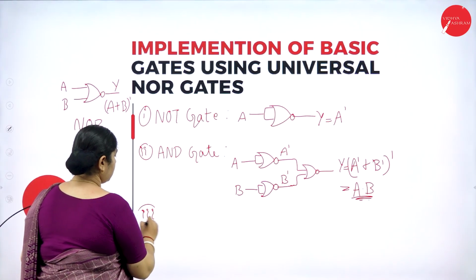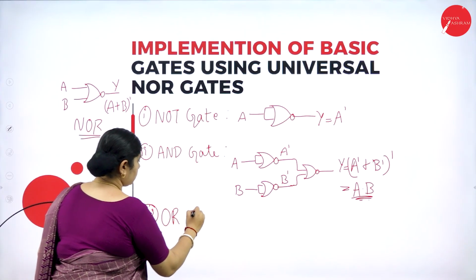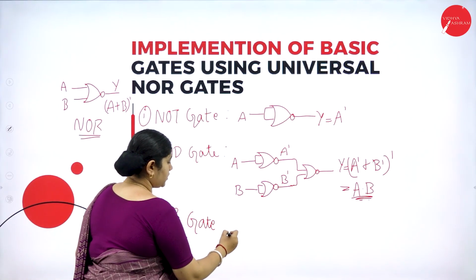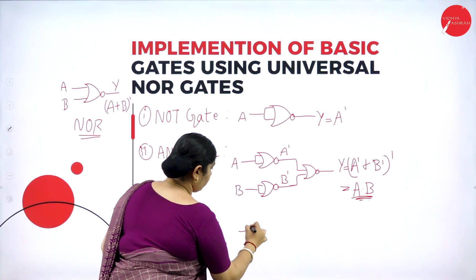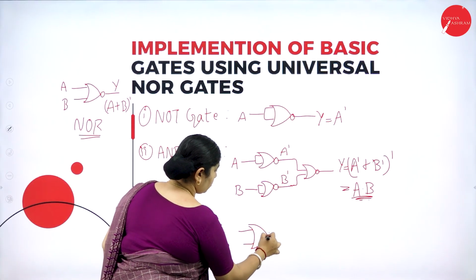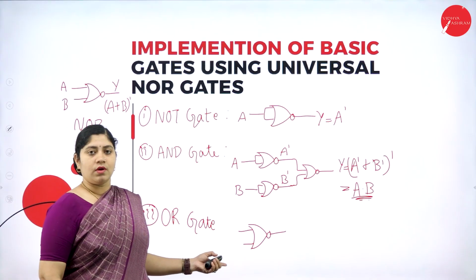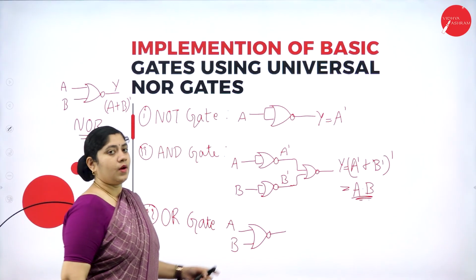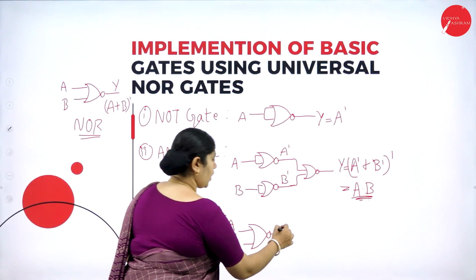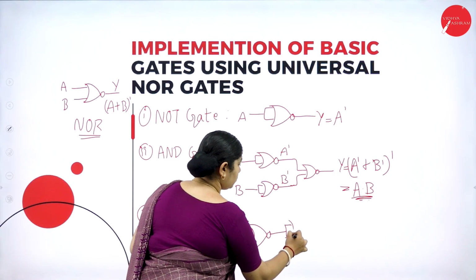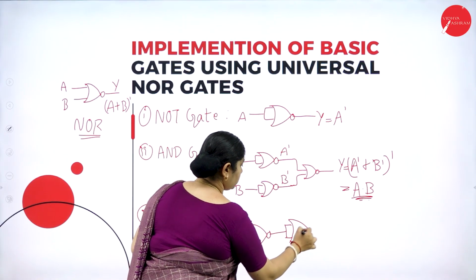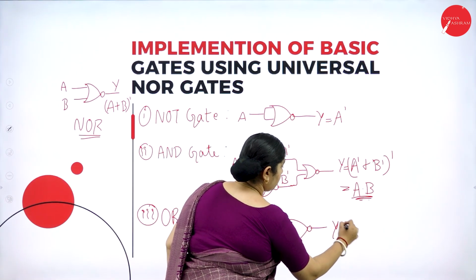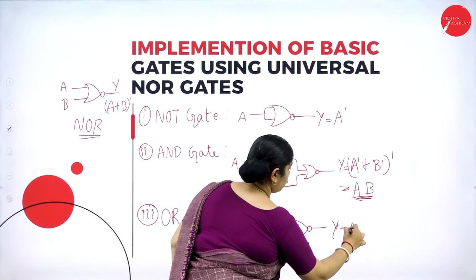Next, the third one, a simple OR gate. First we have to draw a basic NOR gate. For this NOR gate, we are having two inputs, that is A and B. Done. Up next, what we have to do? We have to invert it. So let's use a simple NOT gate. This is how we can draw a simple OR gate.